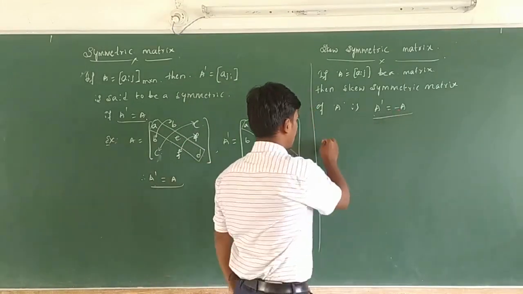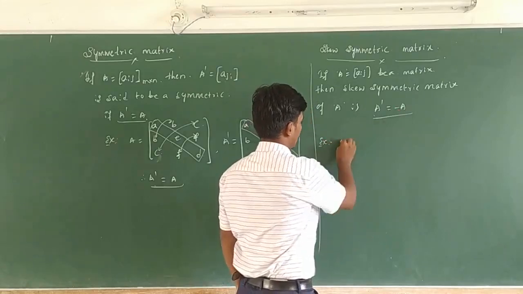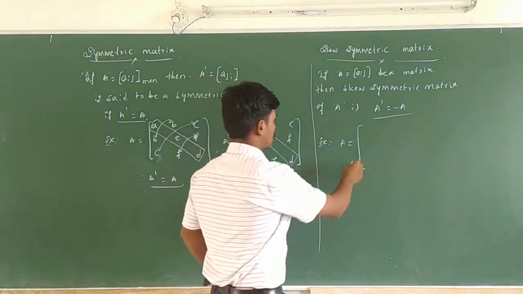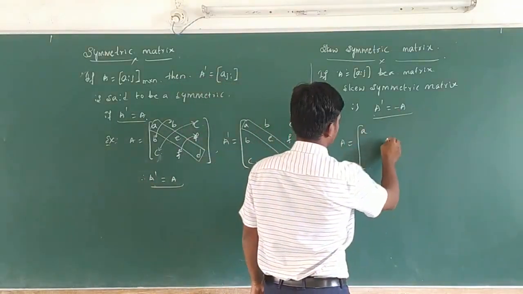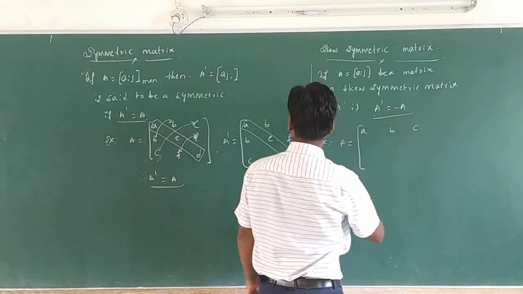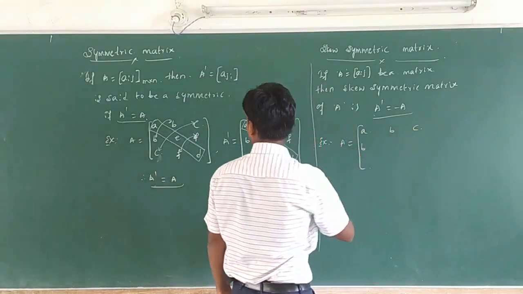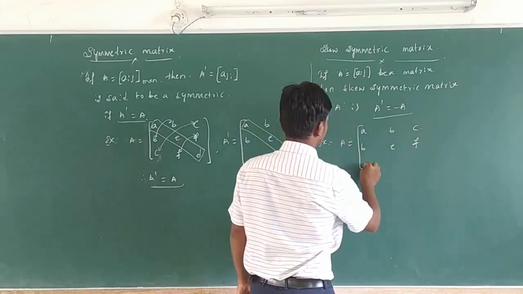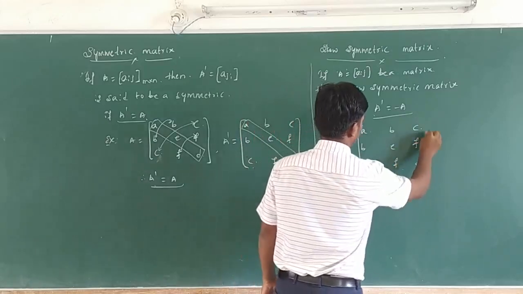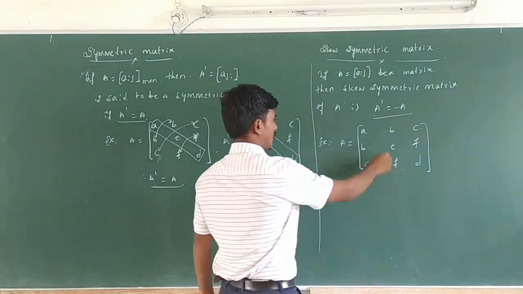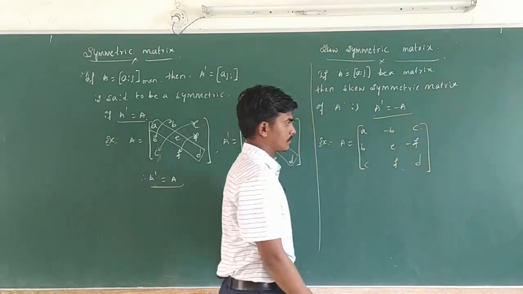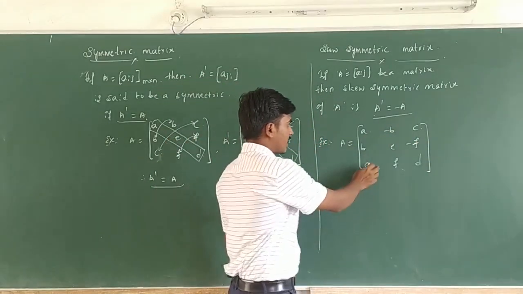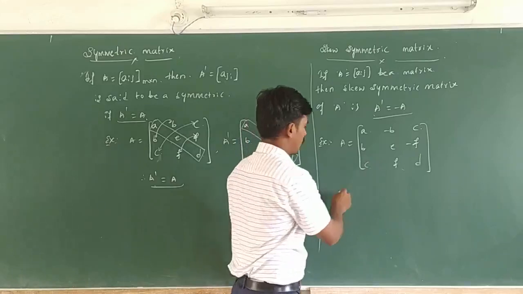For example, if A equals the same matrix, with signs: [0 B C; minus B 0 F; minus C minus F 0]. Here observe, I am applying the transpose operation to this matrix. What do we get?